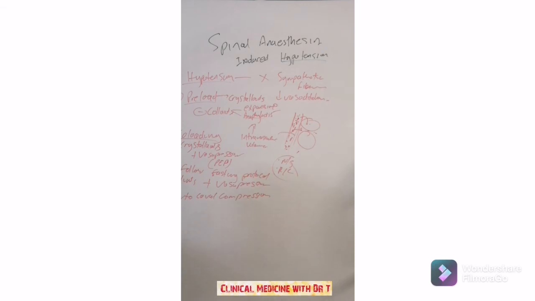So that's why you'll find that patients are tilted more to the left side. They use the bed, and sometimes they even put a pillow or some other support under the buttocks of the patient, or just above the buttocks. Those are the ways to prevent or minimize hypotension.